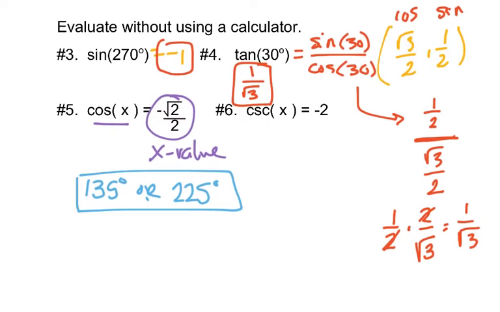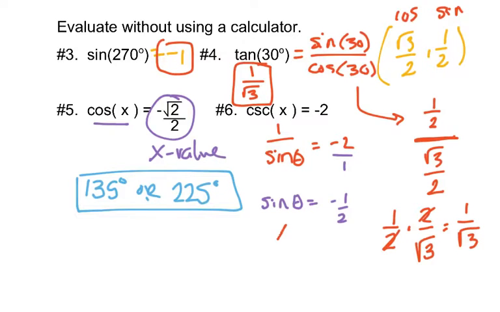The last one is asking cosecant of negative 2. Cosecant of negative 2 means we're doing 1 over sine, and that is negative 2. But remember that it's the inverse here, so if we flip, we're looking for when the sine is negative a half.